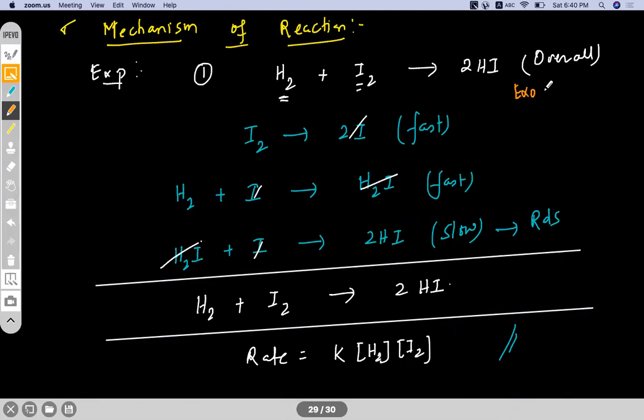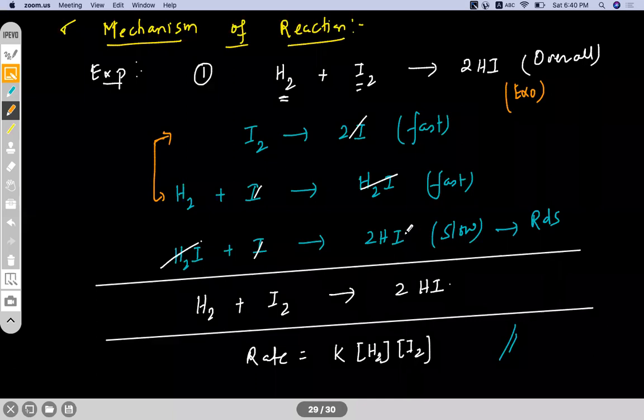Two of these are fast steps, but we do not know exactly which one is the fastest, so we cannot compare these two activation energies. For this one we can say it is the slowest, so its activation energy is maximum.